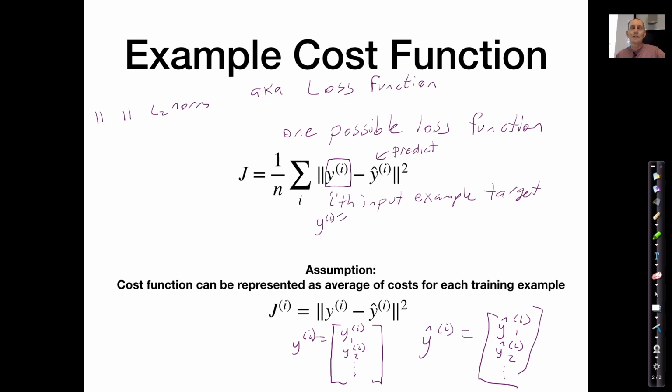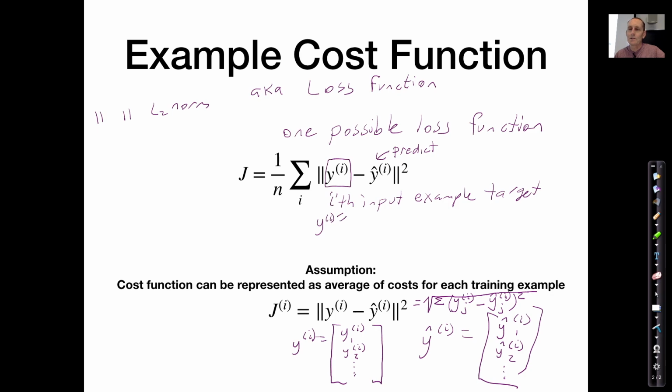So for this norm, we're going to take the summation of y_ij minus y hat_ij, squared, and the square root of all that.